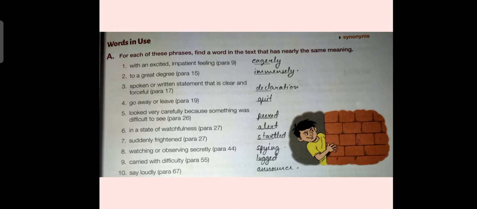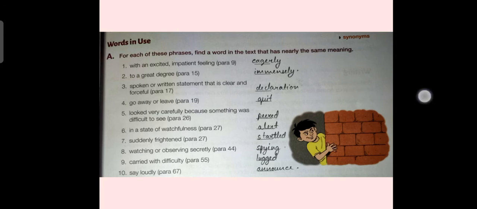The answer is startled. Watching or observing secretly. Spying. The answer is spying. Sentence number 9. Carried with difficulty. Lugged. Number 10. Say loudly. Announce.